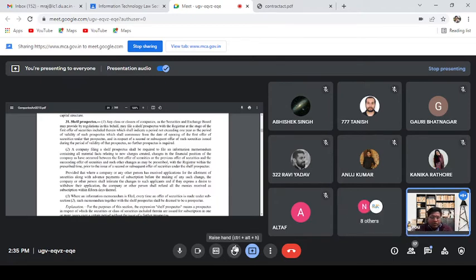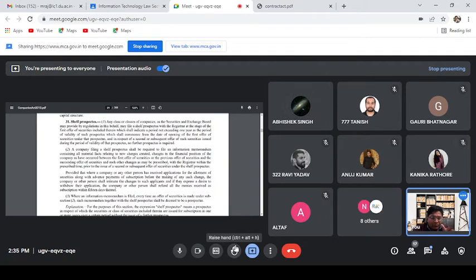Okay, so now read section 31 subsection 3. Section 31, subsection 3, where an information memorandum is filed every time an offer of securities is made under subsection 2, such memorandum together with the shelf prospectus shall be deemed to be a prospectus.